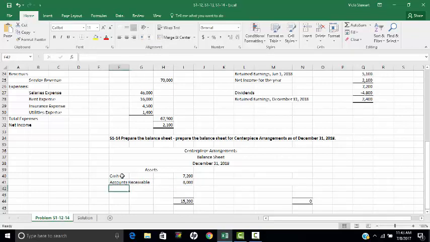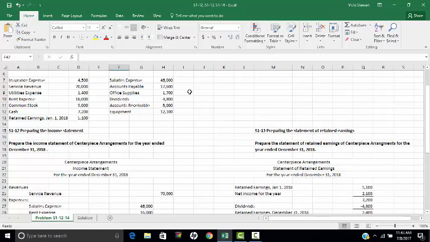And then let's see what other assets the problem gave us. As we look down the list, we see two assets left, office supplies and equipment. We know that we normally use our office supplies up within the next year. So office supplies are going to be more liquid than our equipment that we'll probably use over several years.